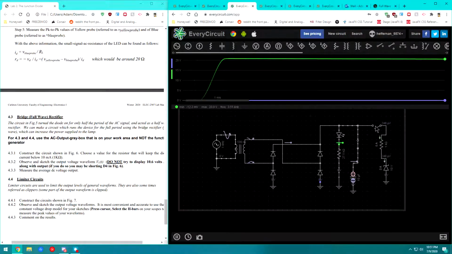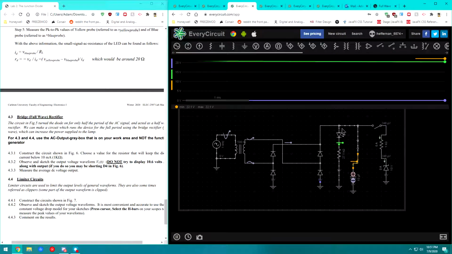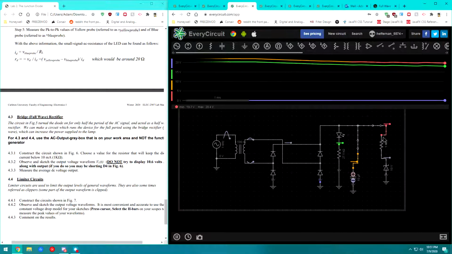And then once we add the third filter, we shouldn't ever really see any dipping.